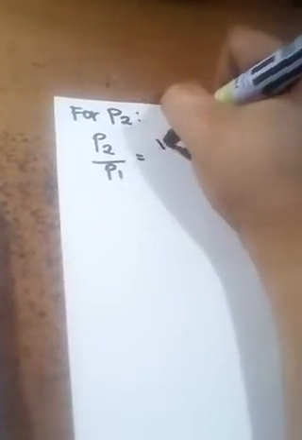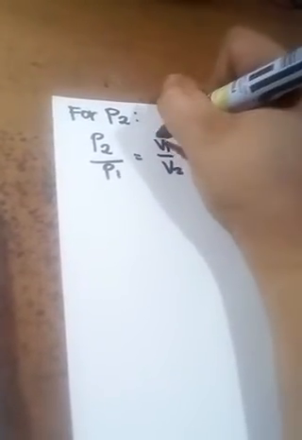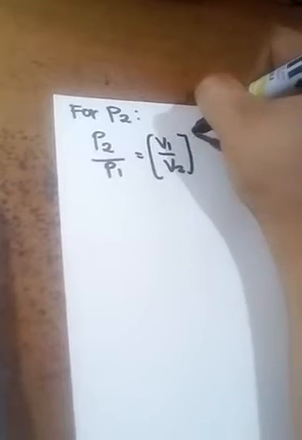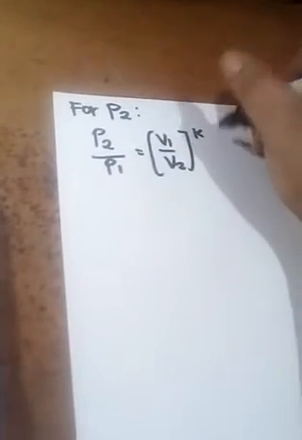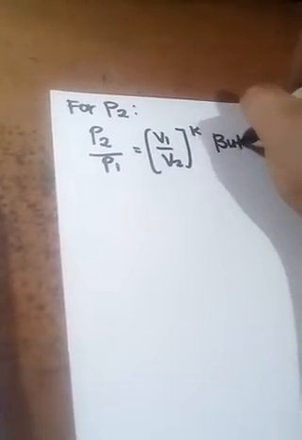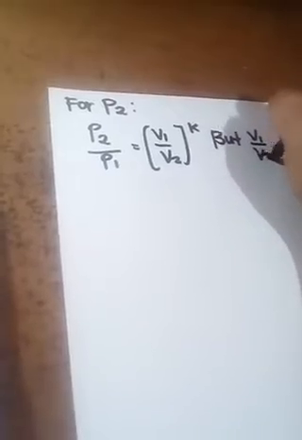For P2, we're going to use this equation: P2 over P1 equals (V1 over V2) raised to K. But as we all know, V1 over V2 equals RK.